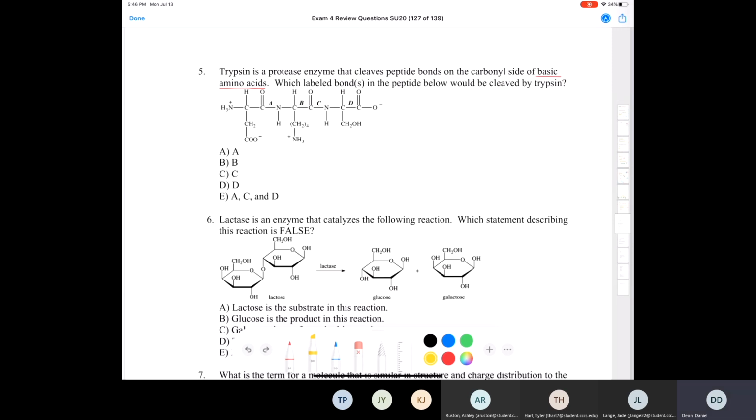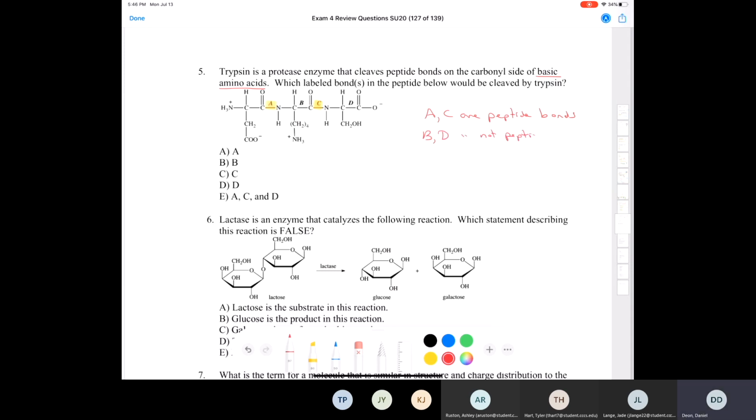Sorry, I'm going to open my chat here. Somebody says C. Okay, so let's take a look here and make sure it's correct. First let's identify the peptide bonds. A is a peptide bond, B is not a peptide bond, C is a peptide bond, and D is not a peptide bond. So A and C are peptide bonds, and B and D are not.